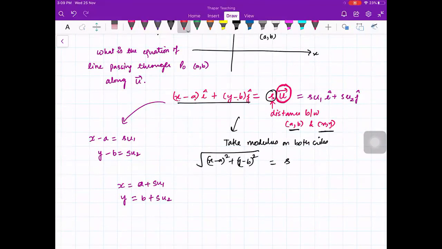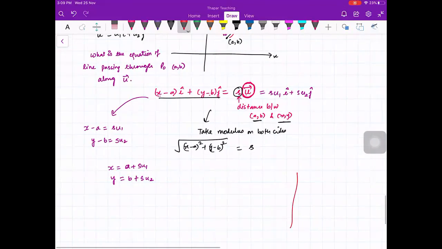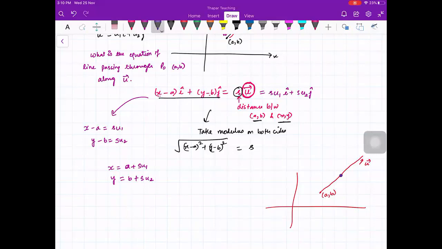Is that clear to everybody? So if you are at a point (a, b) and you are moving on the line which is parallel to u vector, then at any instant the point will look like (a plus s u1, b plus s u2), where s is the distance. Clear?